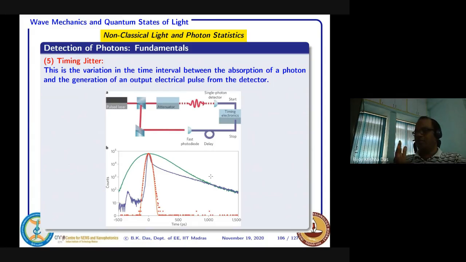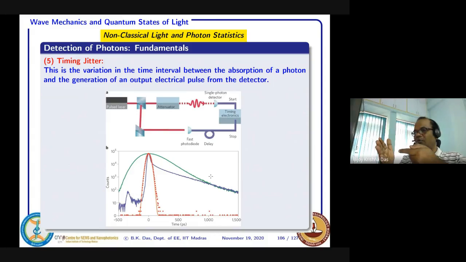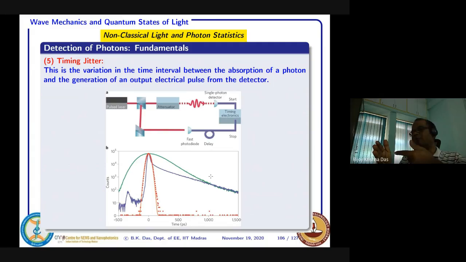But one thing is that, as I mentioned earlier, in your detector a photon comes, energy. What happens actually inside the photodetector, if you try to understand the physics, is that an electron hole pair will be generated. That electron hole pair will not be generated instantaneously. Why is that? Because ultimately this incoming electromagnetic field actually imparts some force onto an electron which is already in the valence band. And the incoming electric field has a high frequency, oscillating at its optical frequency, right?